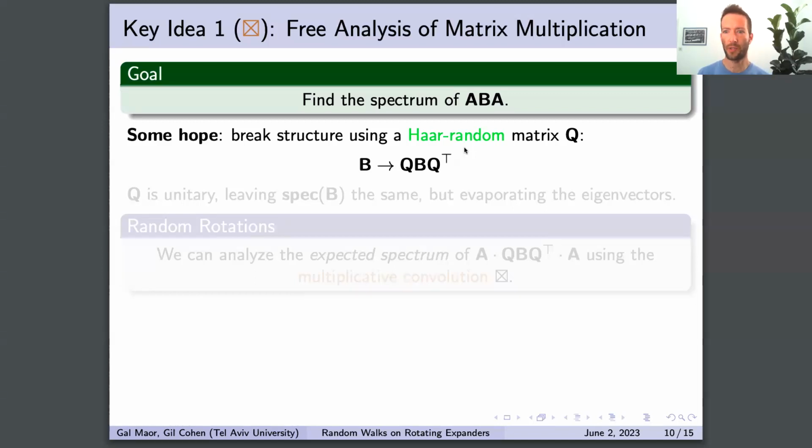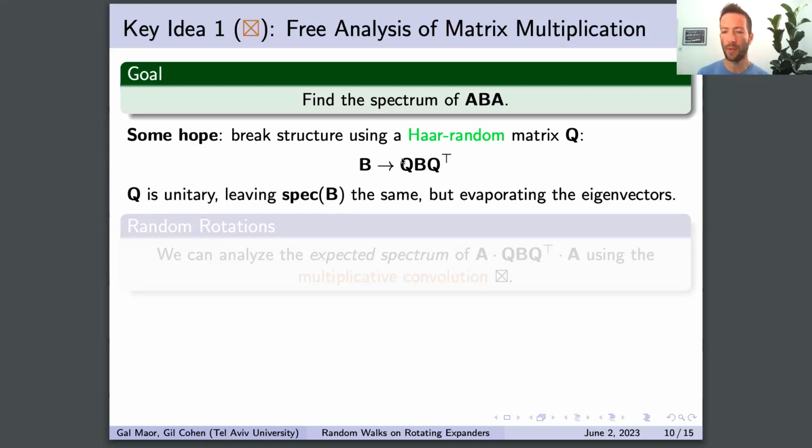Now, if you're not familiar with the Haar measure over orthogonal matrices, it can be described exactly how this distribution looks like, but what is more interesting is what this conjugation does to B. Q is an orthogonal matrix, it is unitary, so the spectrum of B doesn't change at all, but all of B's structure just goes away.